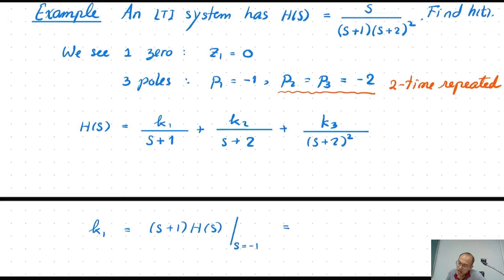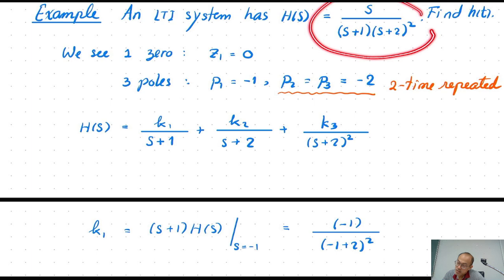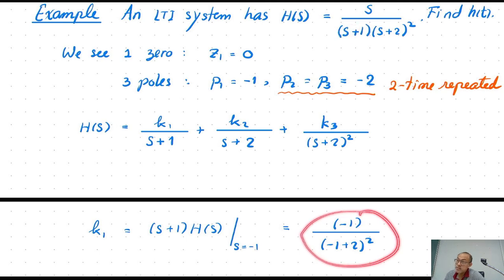And so we have -1 over (-1 plus 2) squared. Look at H(s) here. When we multiply it by s plus 1, it means that we are kicking this out of the equation, and then we plug in s equal to -1. We're going to get this.